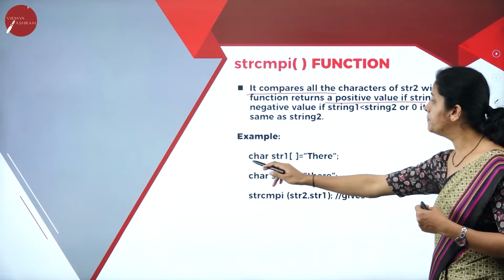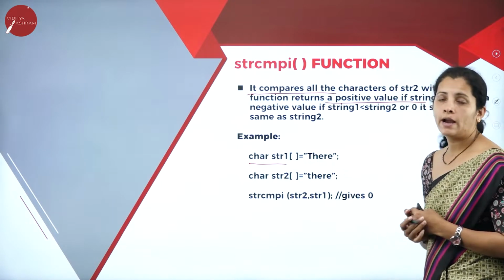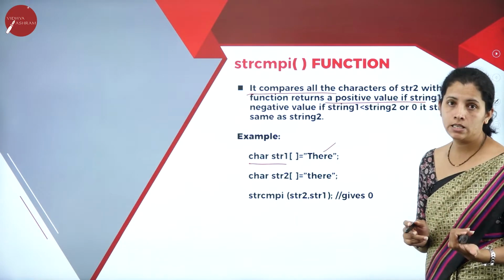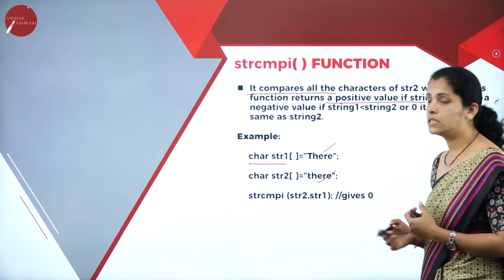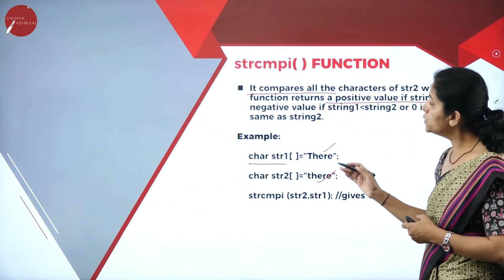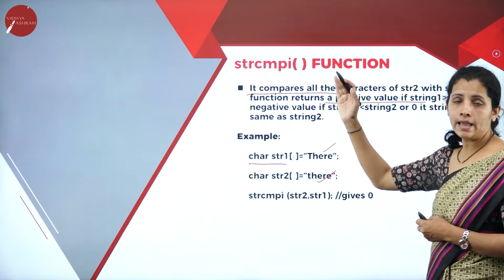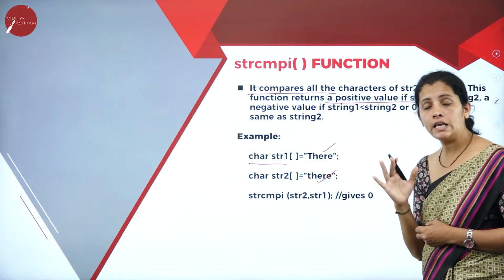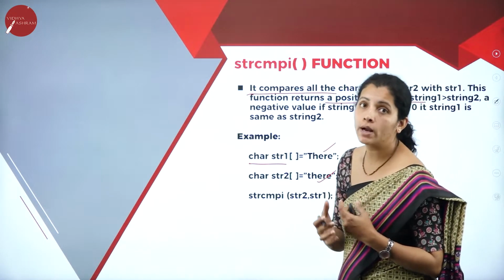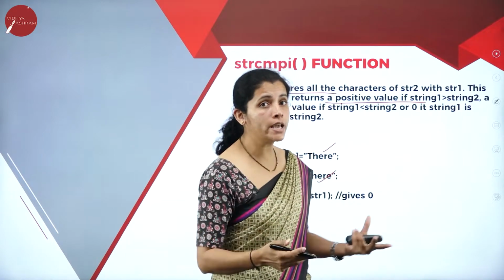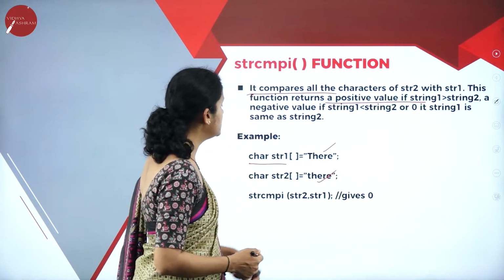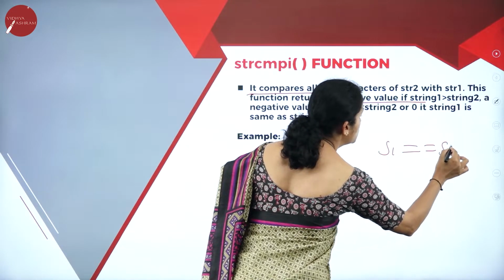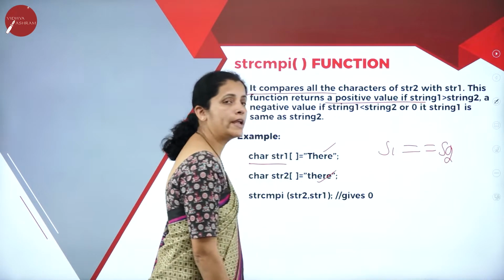So here I'm going to have the example. This is my str1, this is my str2. But if I use string compare i, then it's going to treat uppercase letters as well as lowercase letters, both as same. So for that reason, here S1 equal to S2. That means both the strings are equal.